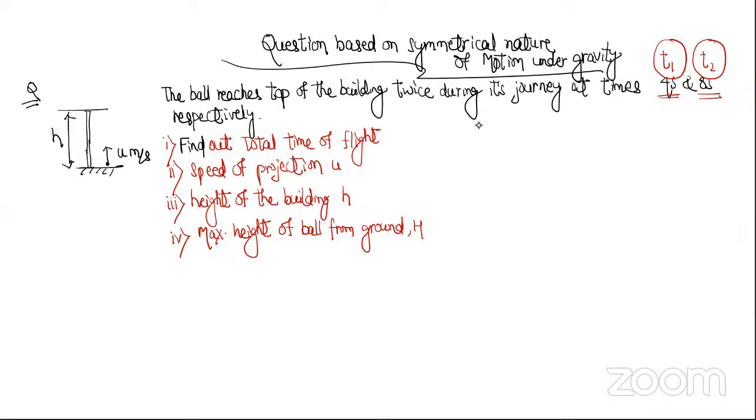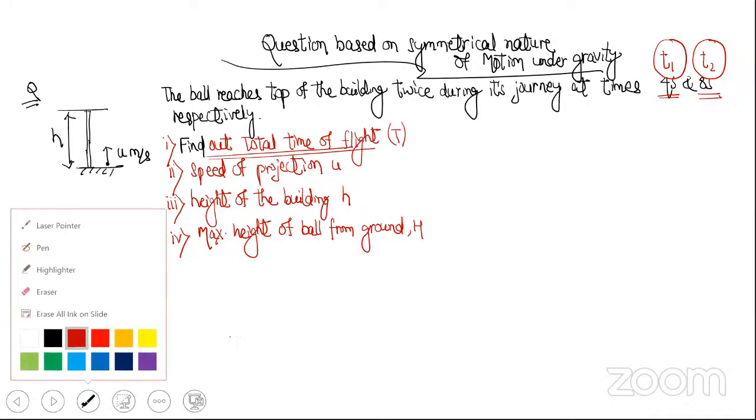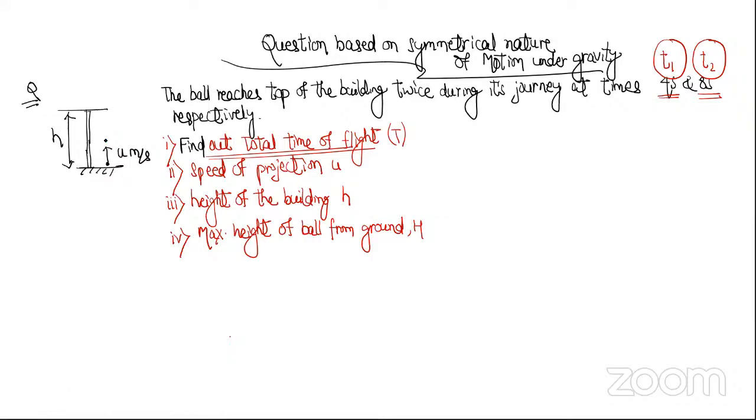What is the total time of flight? Okay, look, I am drawing. The ball travels like this, and again returns like this. You see, it is crossing that height twice.